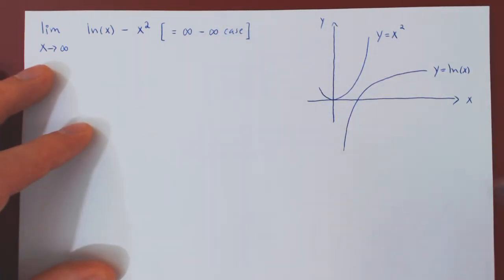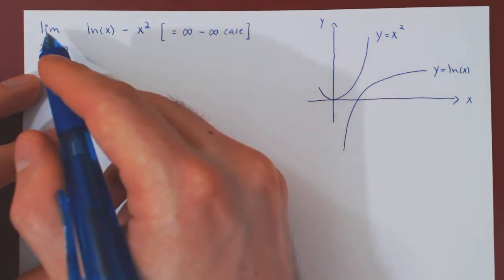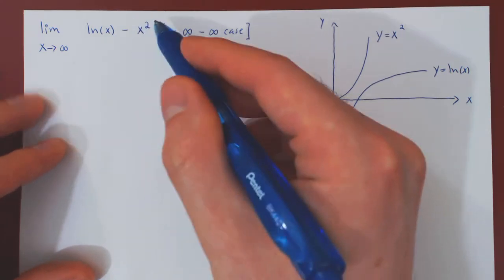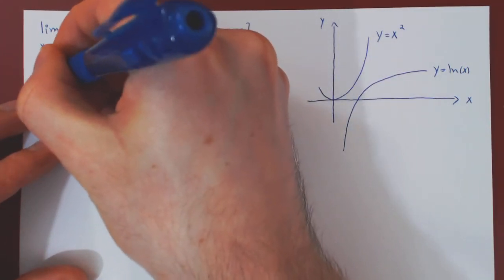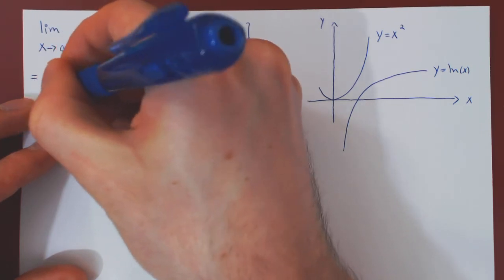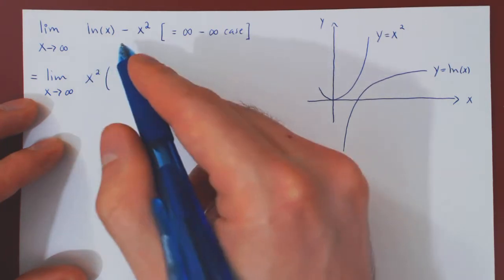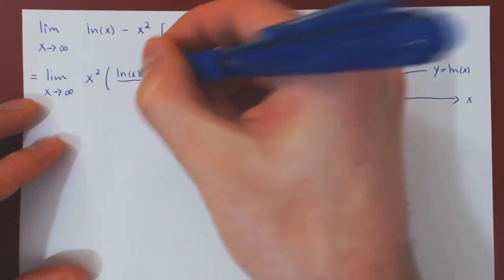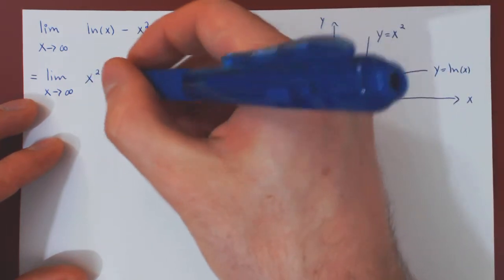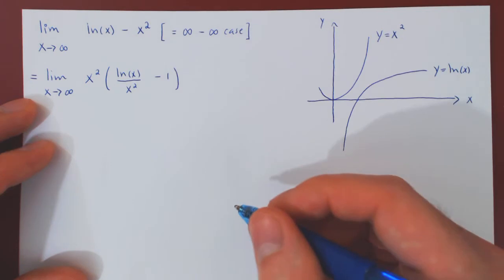To prove that we are right, the idea is first to factor the dominant term, the larger term being the x squared, out of the expression. So if we factor x squared out of the expression, then the ln of x, to compensate, must become ln of x over x squared, minus, of course, 1.